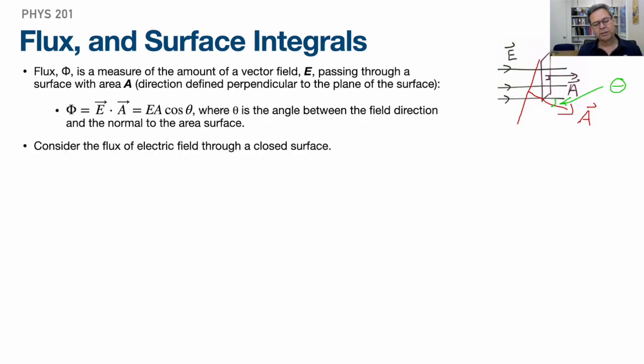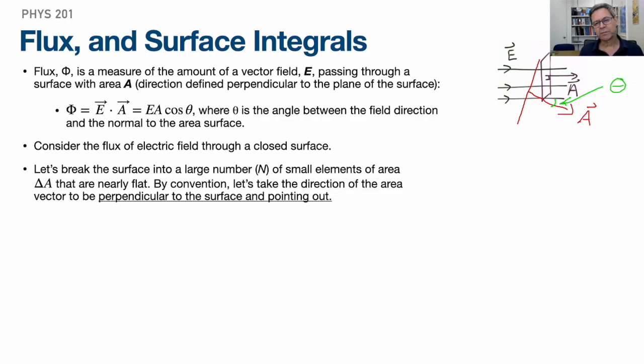Let's consider now the flux through a closed surface, meaning a surface of a volume, as opposed to just this plane that's shown in the diagram there. And in doing so, I'm also going to break up that surface into a large number of small elements.